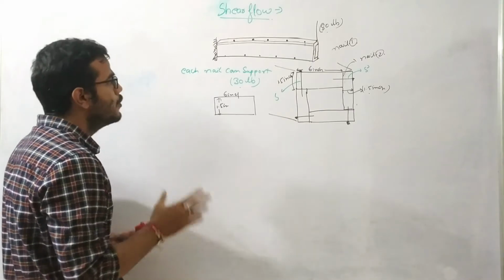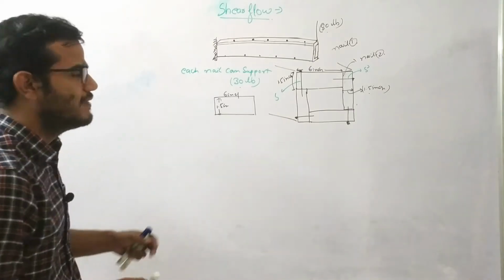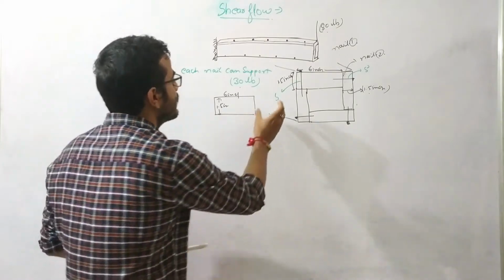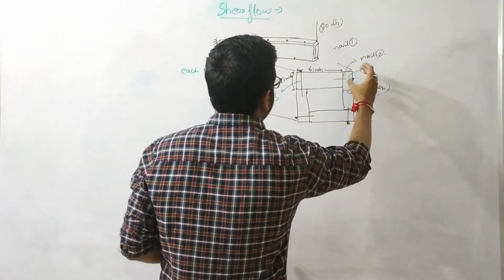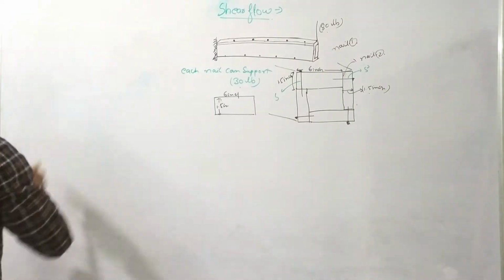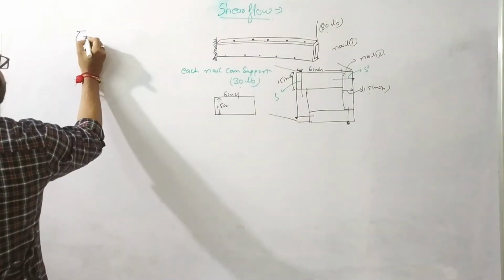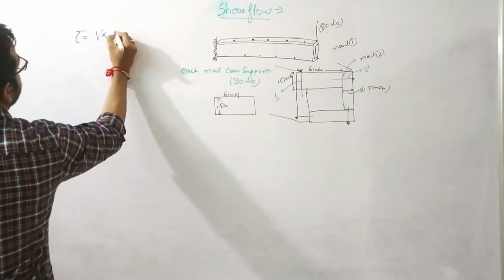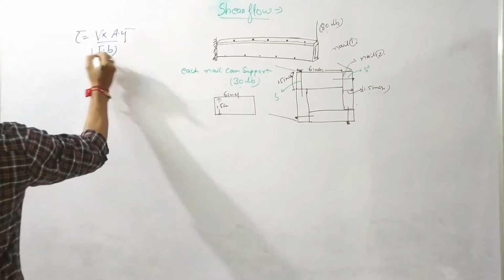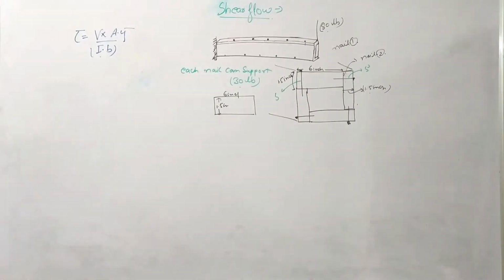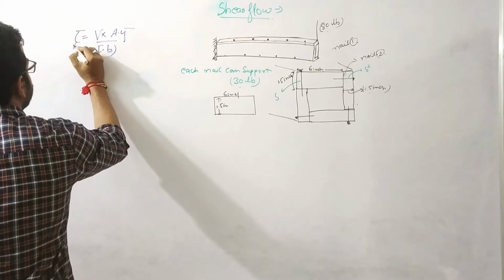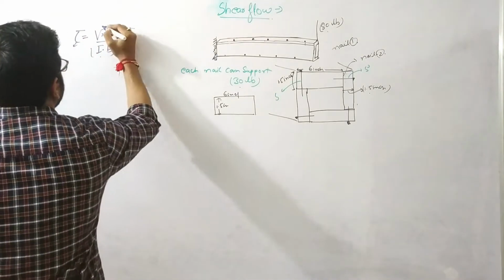So what I'll do over here is analyze this problem in two steps. First I'll calculate the spacing for this nail, and later we'll calculate the spacing for the other nail. The basic formula we'll use will again be the same: tau equals V into A y bar over I into B. In this formula, what I need to calculate is the shear stress.